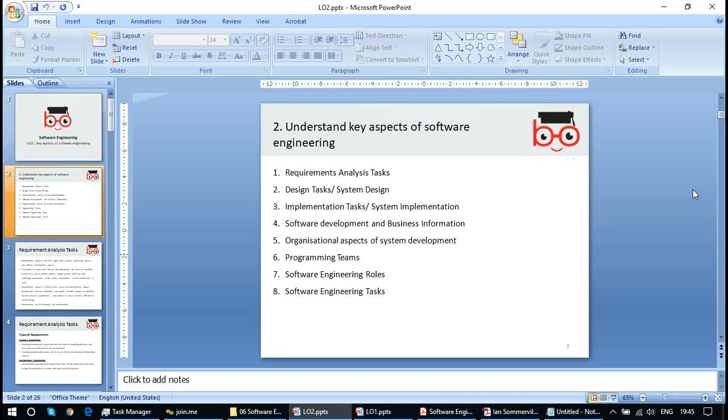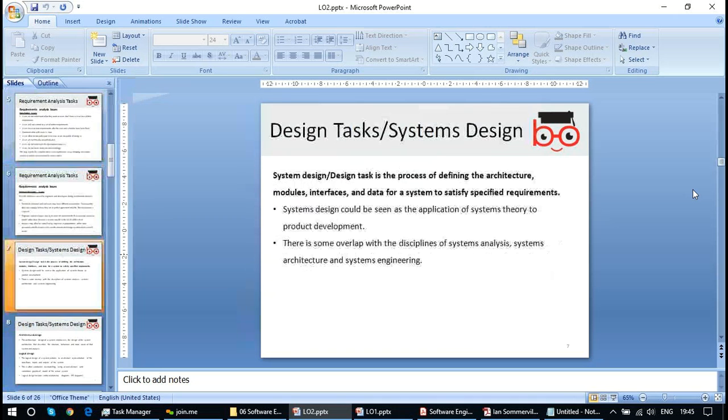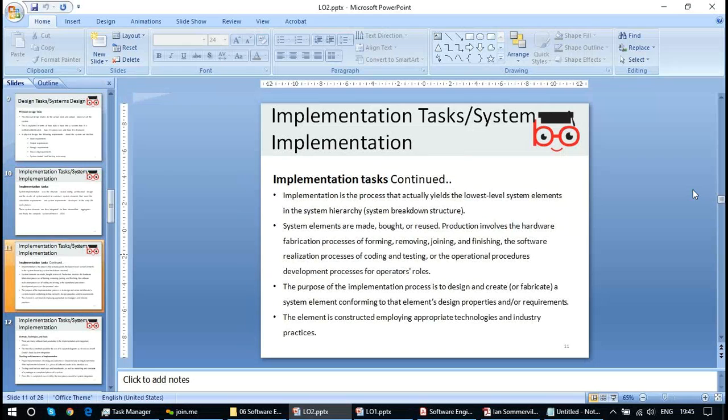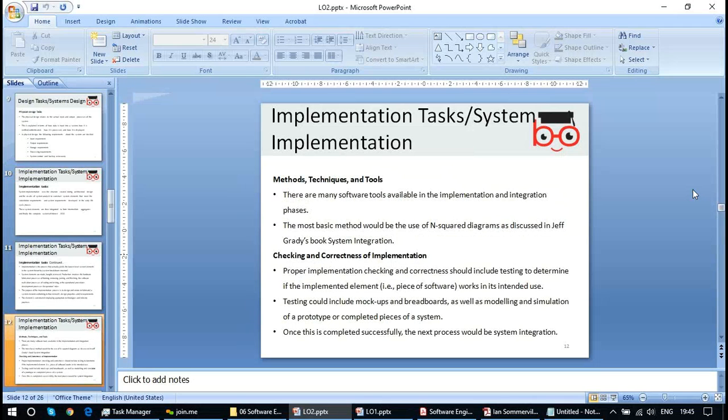Then implementation is related with the tools and techniques, whatever you would be using. So implementation task would be based on coding and these things.